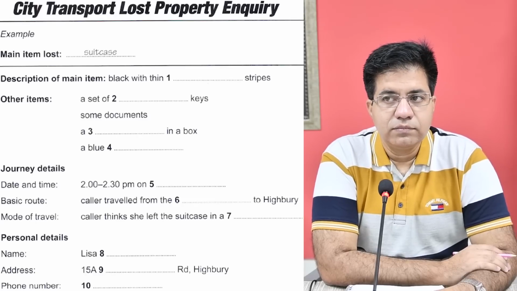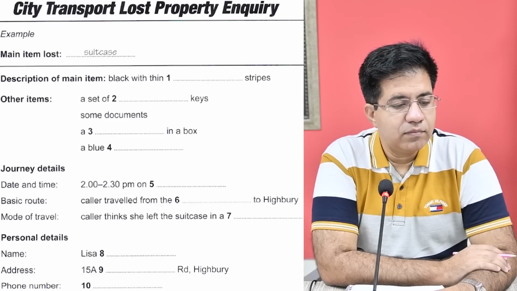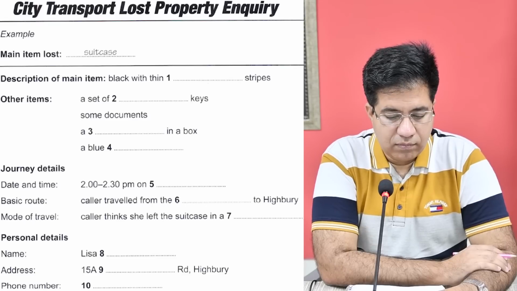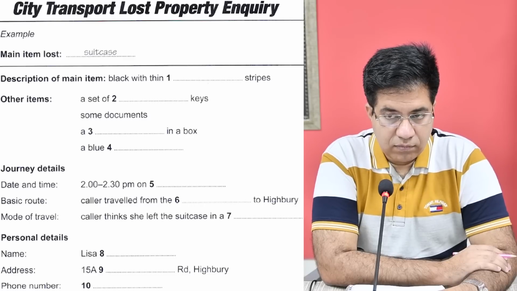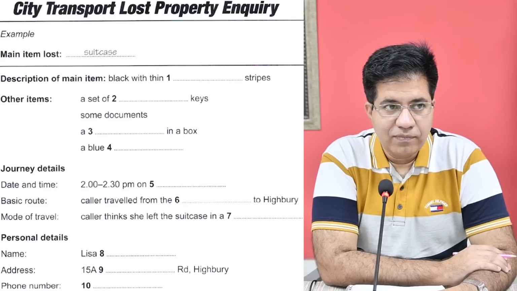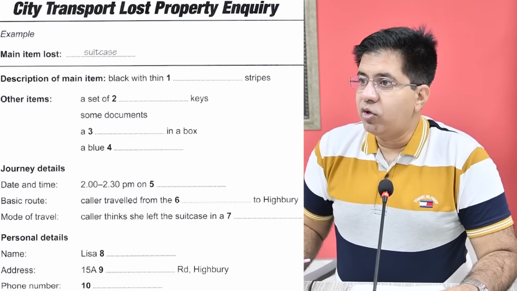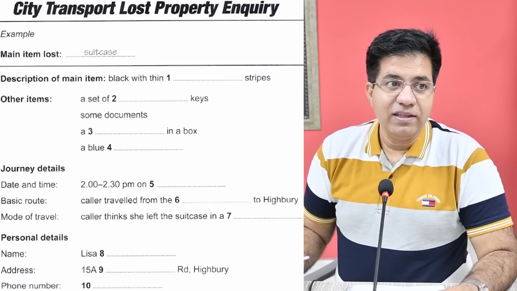Right, so let's start with a description of the suitcase. Okay, well, it's small, and it's the type you can pull along on wheels. How about the colour? Yes, it's black, but not exactly plain black. It has some narrow stripes down it, sort of grey. Actually, no, they're white, now I think about it. Okay. Narrow stripes, sort of grey. No, they are white. They are white.